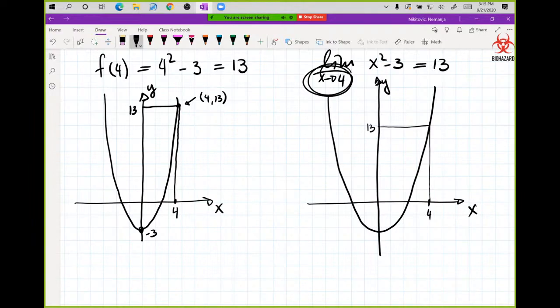So you approach something by walking towards something. Now there are two ways that I can approach 4. I can approach from the left, and I can approach from the right. That is me literally walking on the x-axis and getting closer to the location labeled 4.